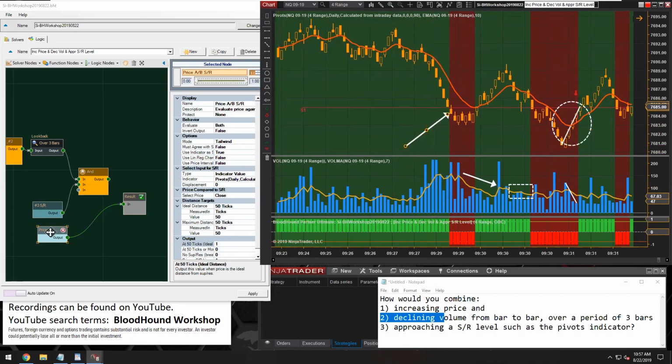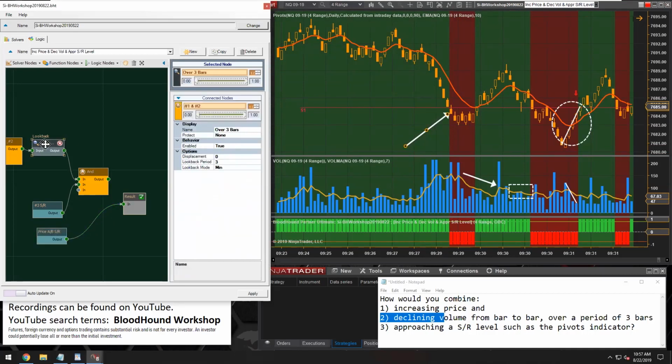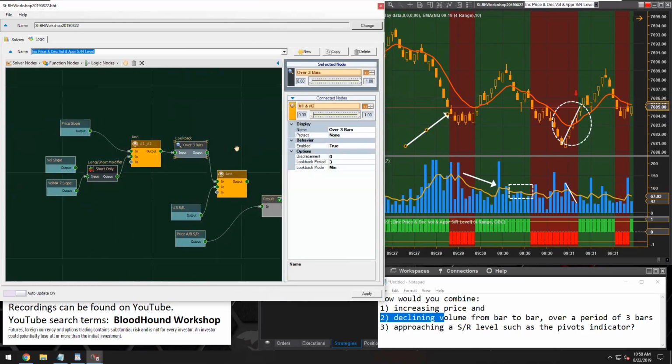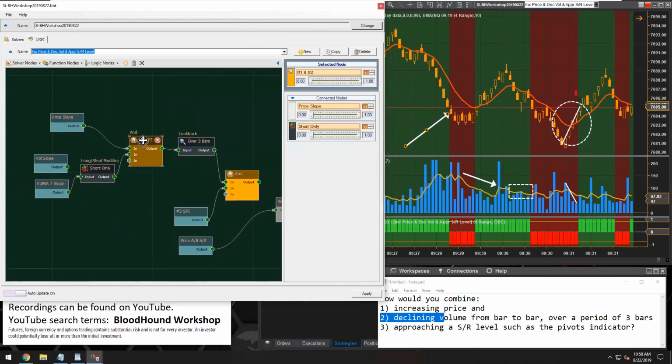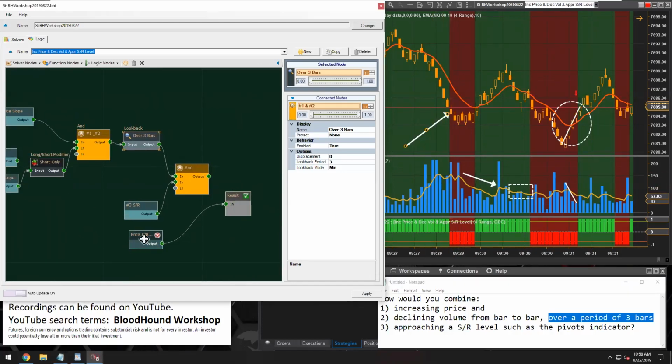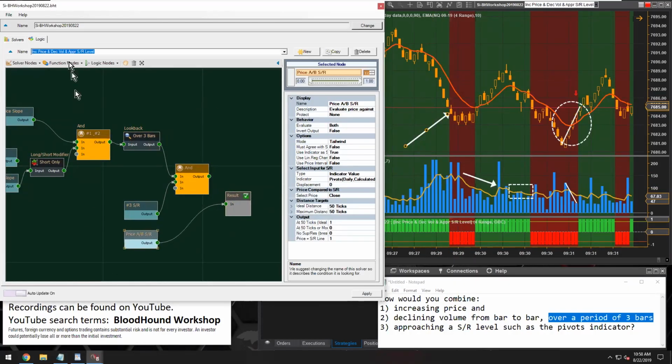Then, just like how we did previously, let's stretch this out a little bit. Remember, with rule number 1 and rule number 2, we used a look back node to make sure that we had a period of 3 bars or more of price moving up or price moving down with the volume decreasing. We can do the same thing with this solver.